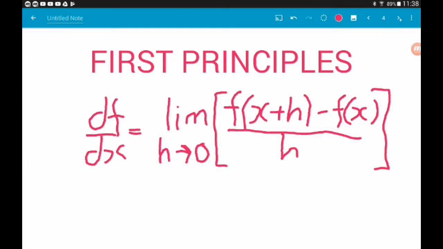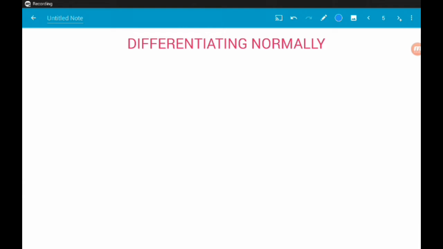This is basically the formula for differentiation from first principles. Don't worry about it too much now though, it's not as bad as it looks. Okay, so once that's behind us, now that is probably the trickiest thing in this chapter, first principles, then we're going to look at nice differentiation of functions.